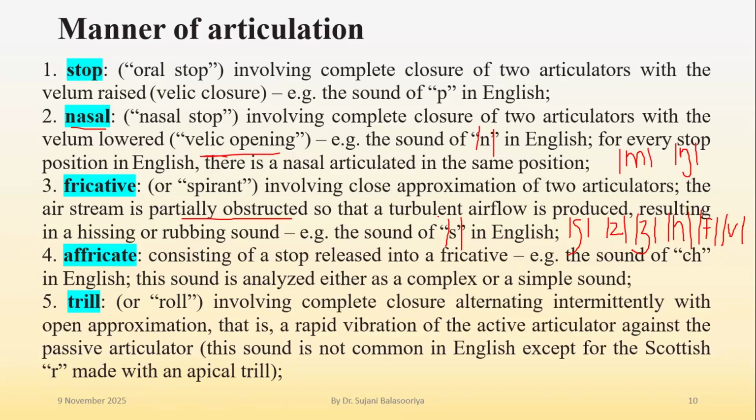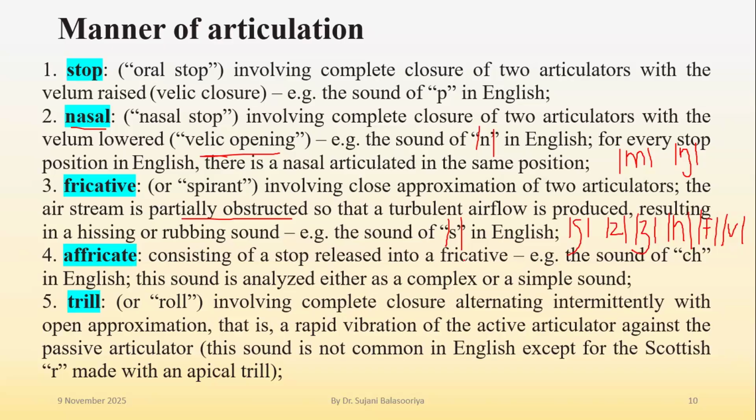So an affricate consists of a stop released into a fricative. Usually we start producing affricates with a kind of stop, that means by fully blocking the airstream. But unlike plosives, we do not suddenly keep the two articulators apart.